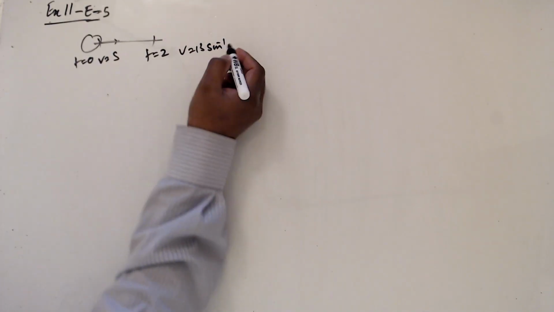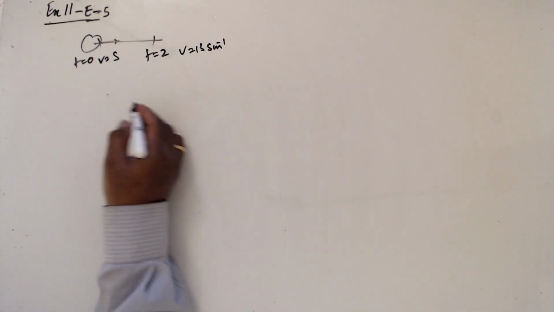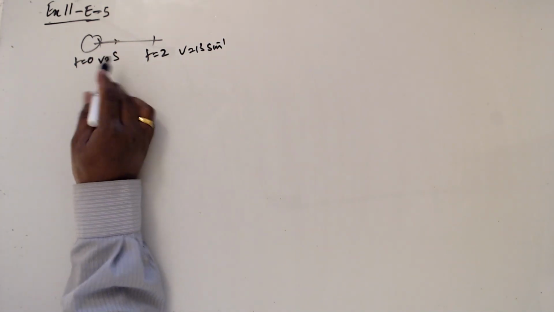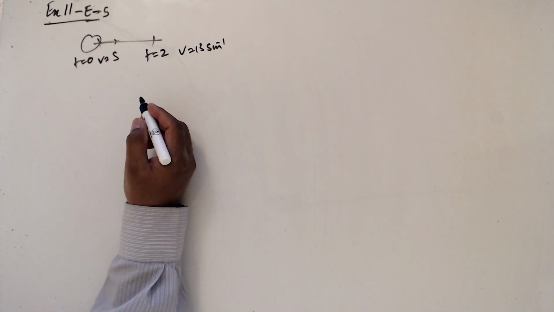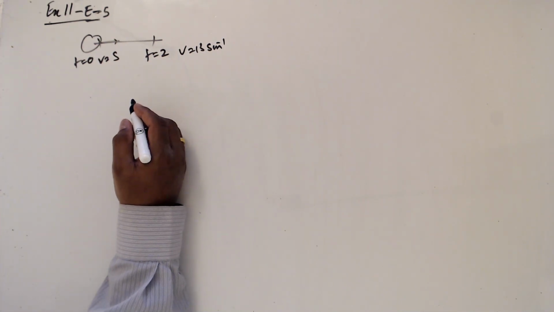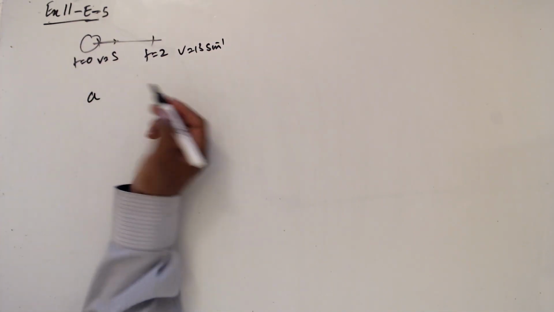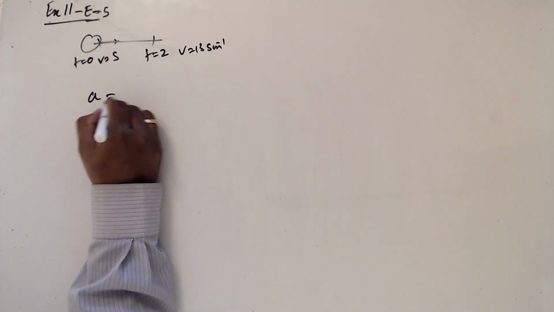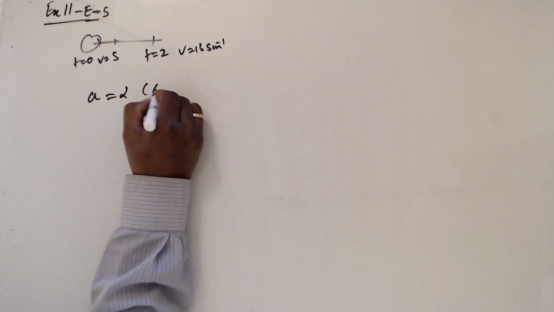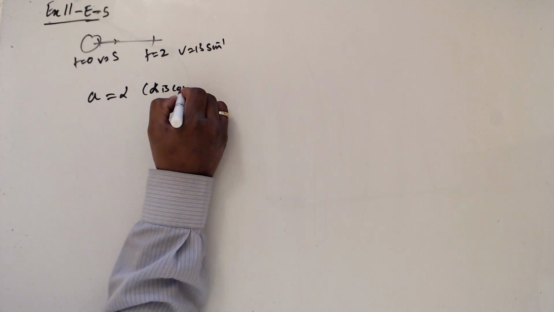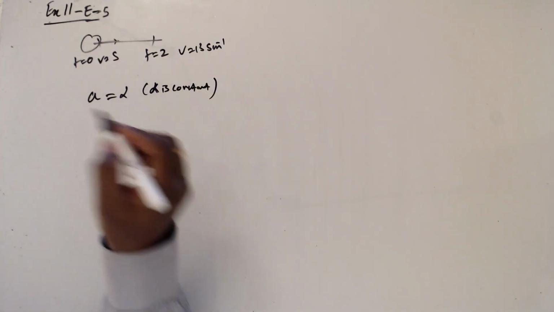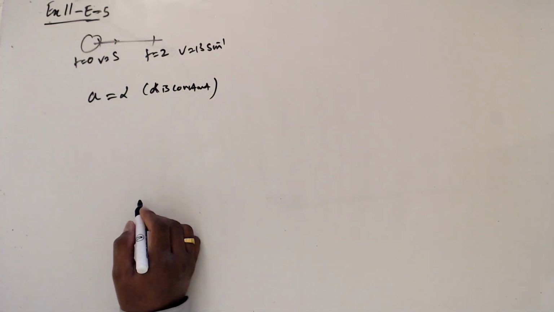So we need to find the acceleration of this one. It is moving with a constant acceleration. Let's say alpha is the acceleration, so alpha is a constant.